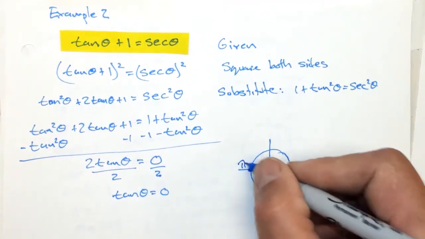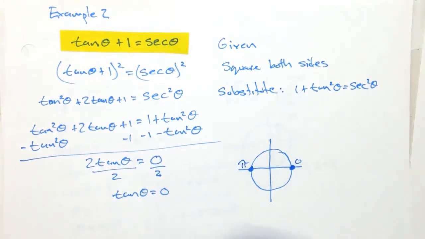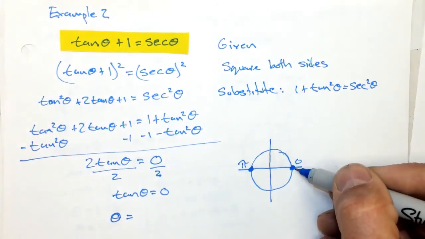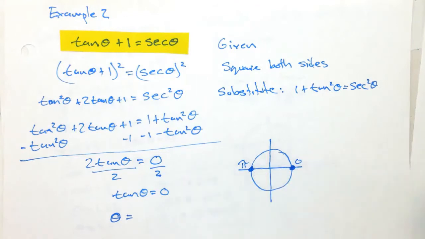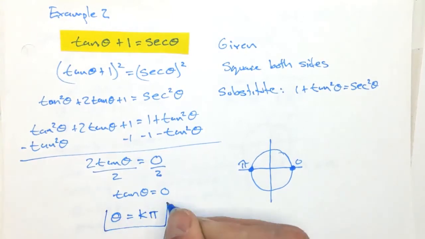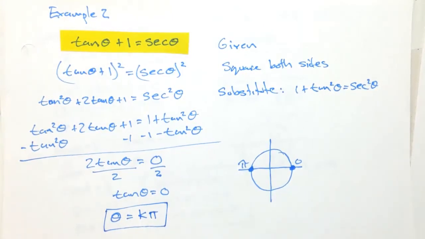So my general solution is that theta equals 0 or pi, or any multiple of pi is going to work. So I could just say k pi. That's any multiple of pi. That's my general solution. That gets both of those.